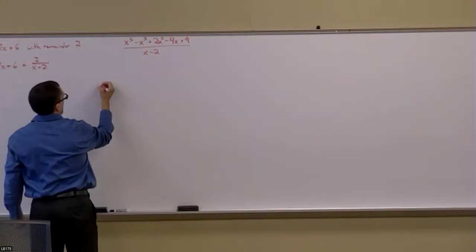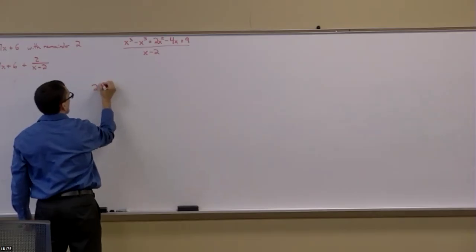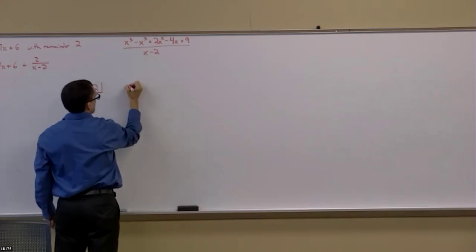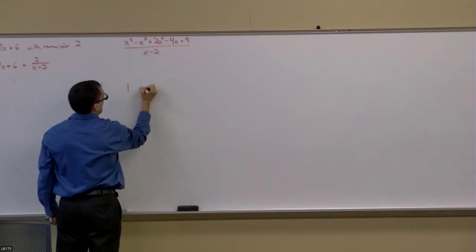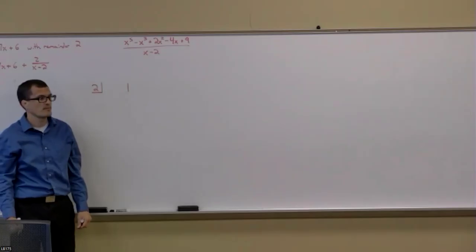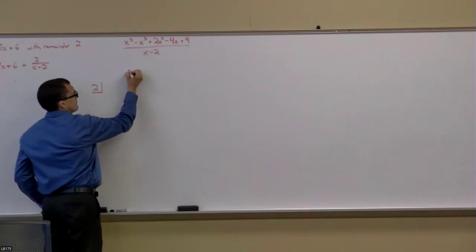Now, the thing we have to be careful for in this case is that when I start writing coefficients, a lot of times people have a tendency to write 1 and then immediately afterwards write a negative 1. This 1 is the coefficient of the x to the fifth term.